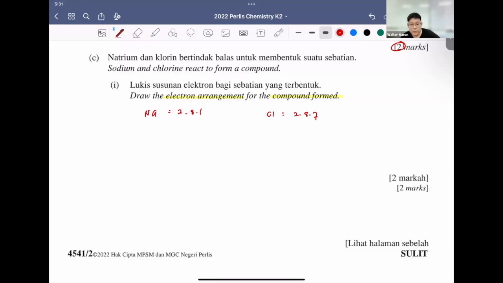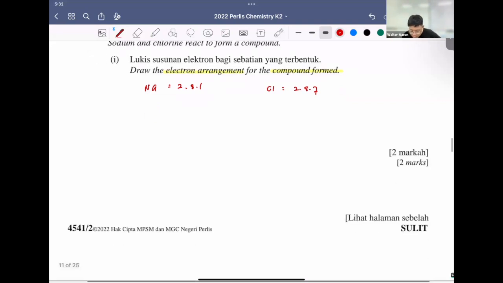So sodium donates one electron to chlorine, and then sodium becomes a sodium ion and chlorine becomes a chloride ion. How it looks is very simple. You can just write Na and put a circle around it.